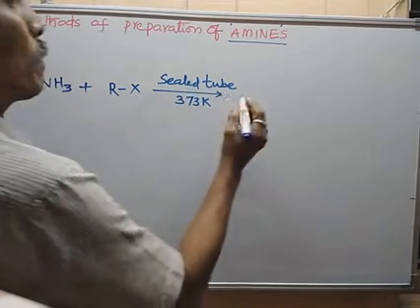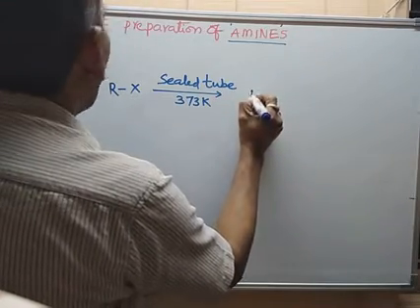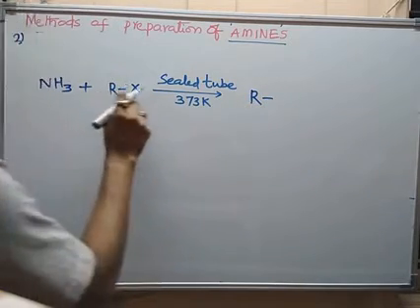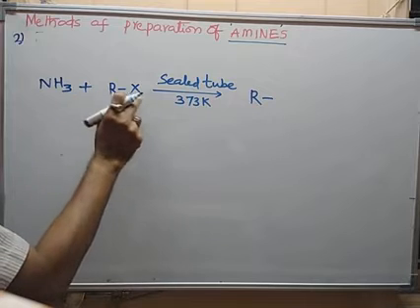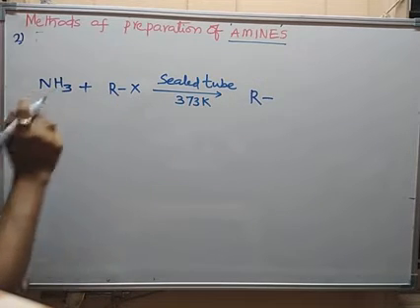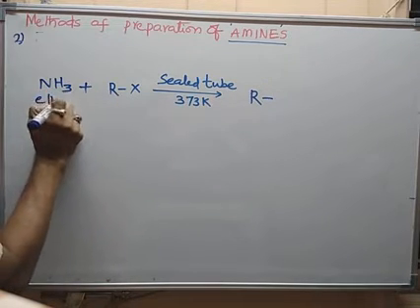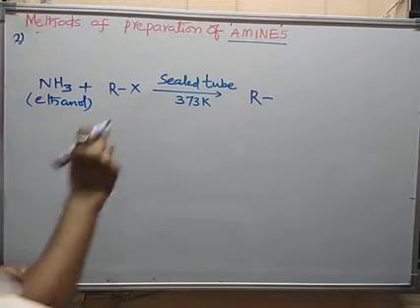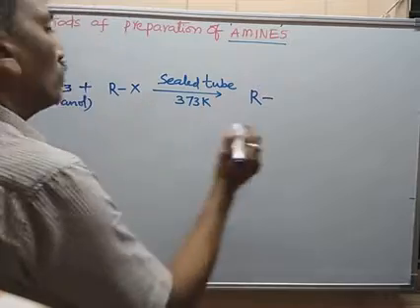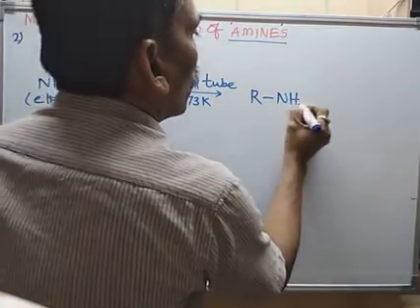The C-X bond is cleaved by ammonia, the cleavage of the C-X bond by ethanolic ammonia. It is dissolved in ethanol, so it is ethanolic ammonia, to give NH3 as usual.